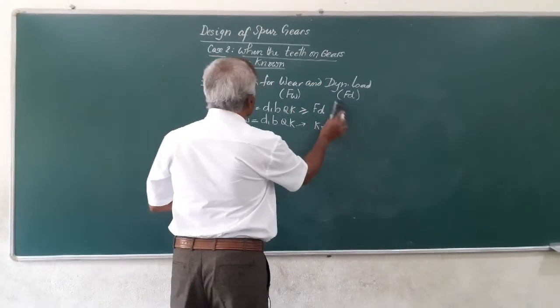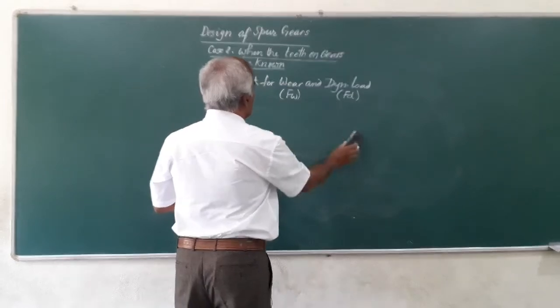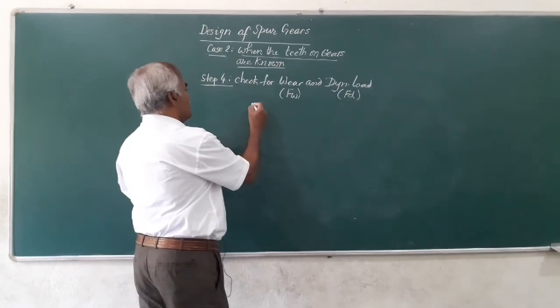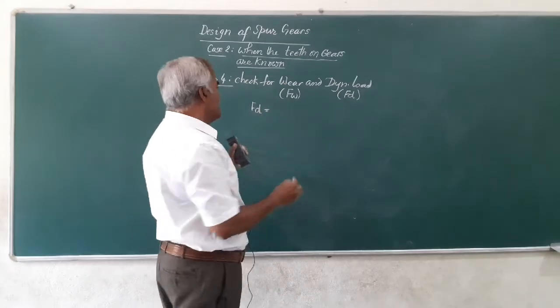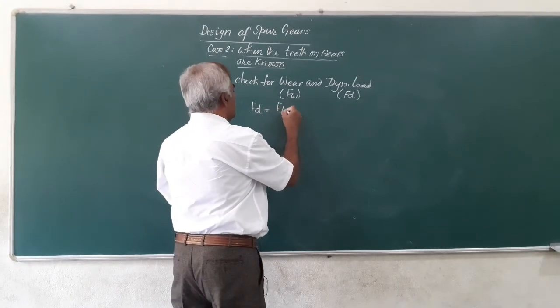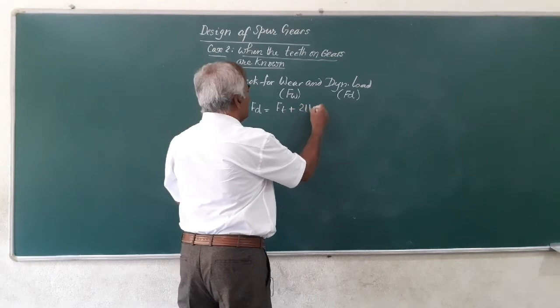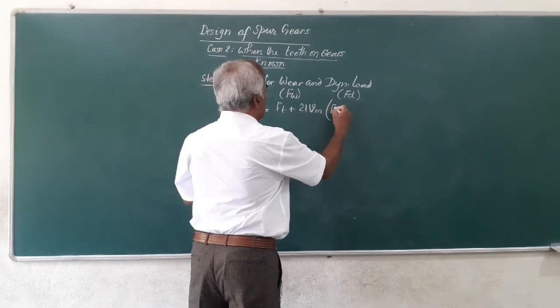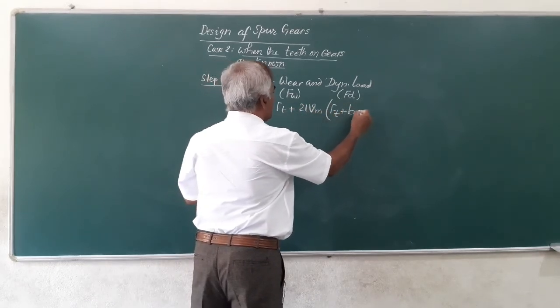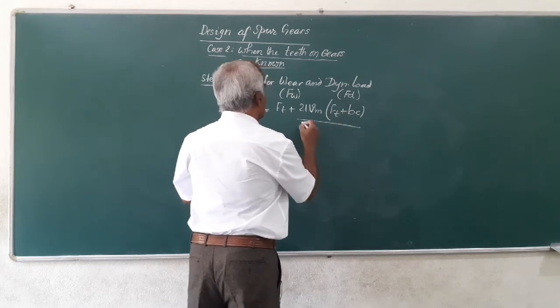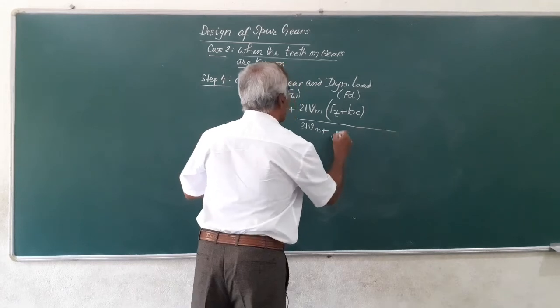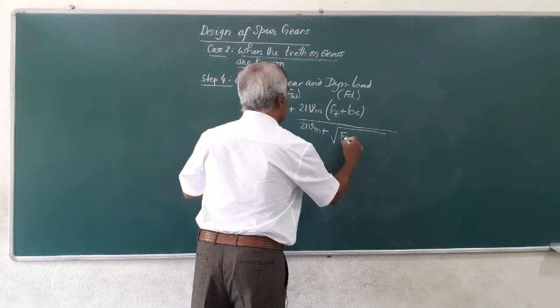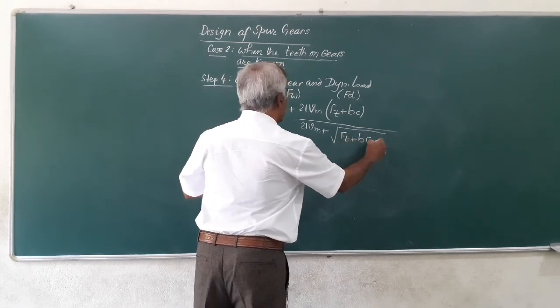Friends, on the same lines, let us see how to find out the dynamic load Fd. For Spur Gears, dynamic load Fd is given by the formula Fd = Ft + 21 Vm (Ft + Bc) / (21 Vm + square root of (Ft + Bc)).